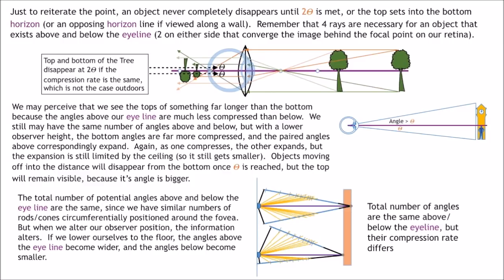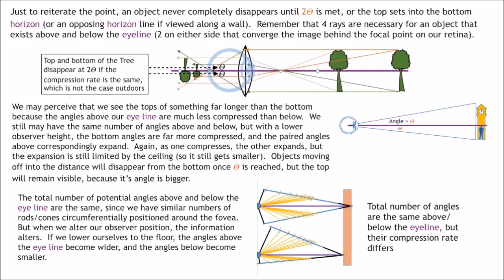So remember, you need 4 rays for an object that exists above and below the eyeline. You need 2 on either side that converge the image behind the focal point on a retina. Within those 4 rays, you need 2 theta simultaneously to vanish an object, or you need 1 to be met, and then the other aspect of that object to set into that horizon line.